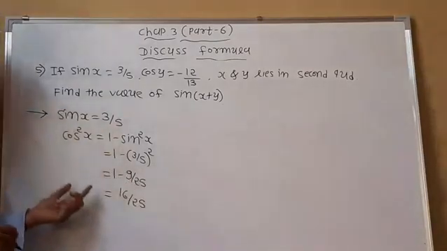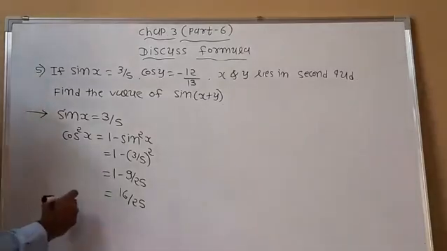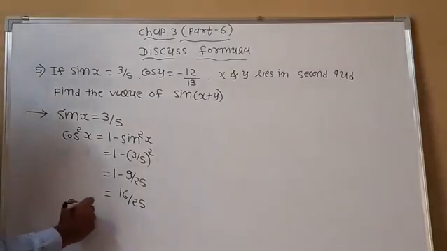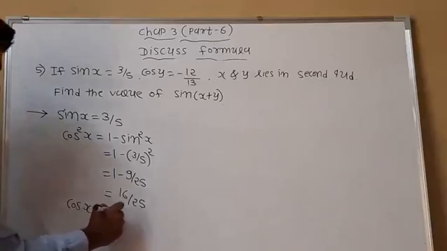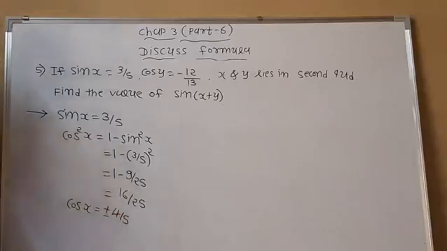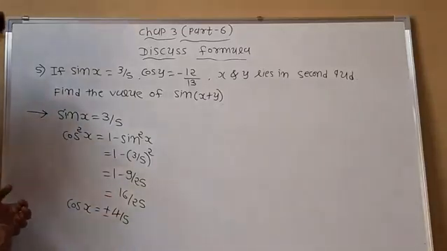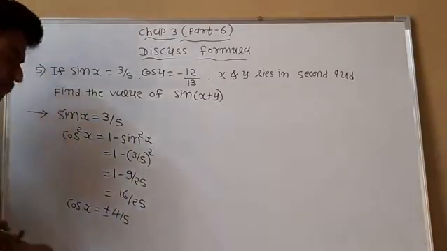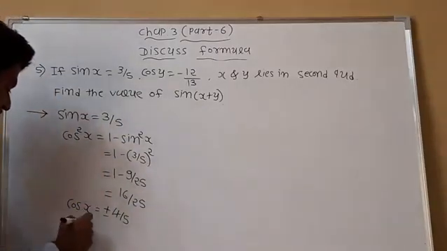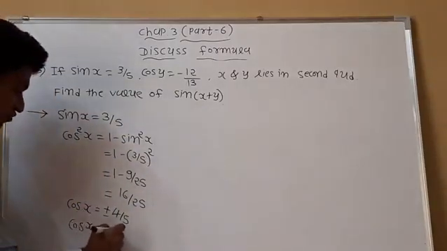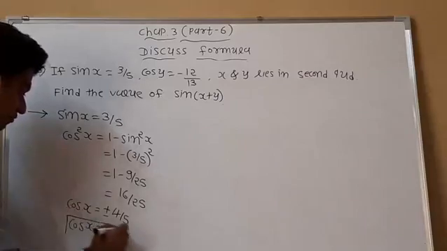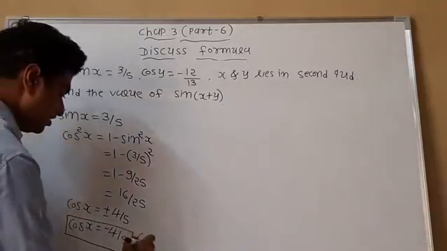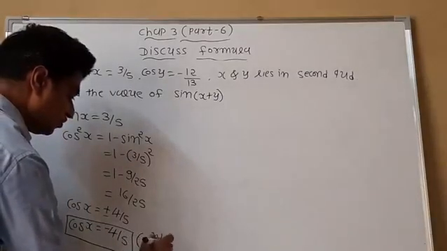Now remove the square root, so we get two values in plus minus form. So cos x is equal to plus minus 4 by 5. Now the second quadrant is present, and in the second quadrant the value of cos is negative. So cos x is equal to minus 4 by 5.